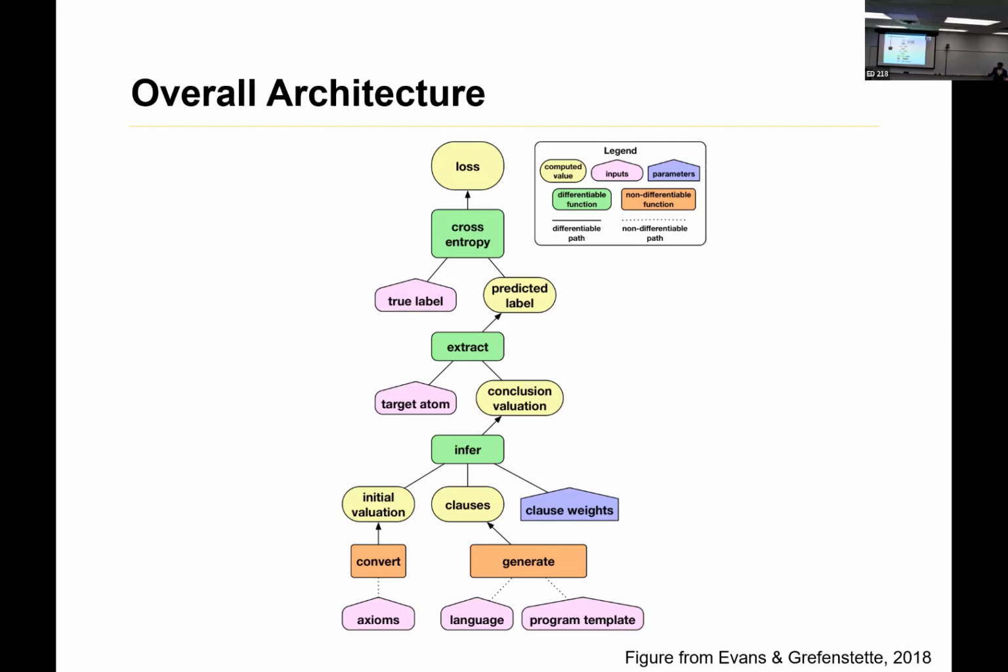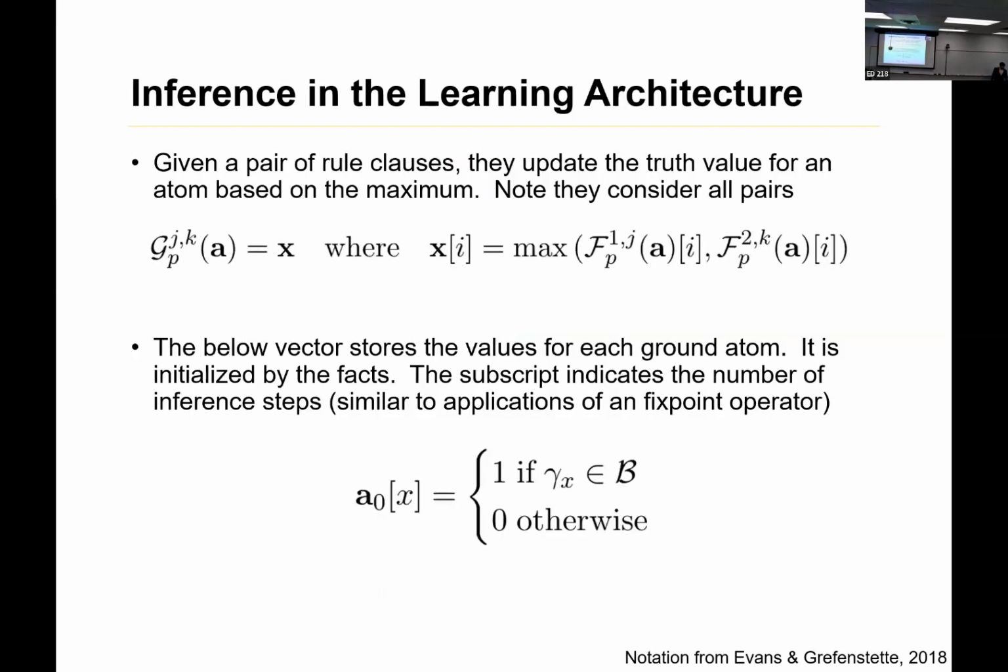So not too hard. In terms of the big picture, it's really quite standard deep learning stuff we're looking at. So let's look at how this infer thing takes place. We have this G, J, K, P. J, K is a pair, P is a predicate.